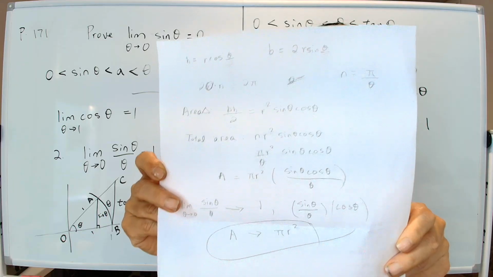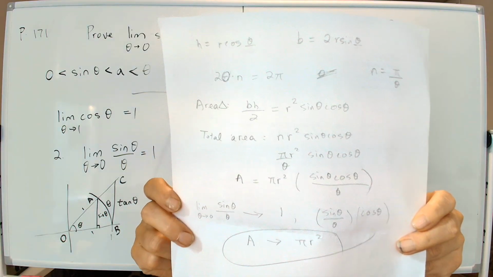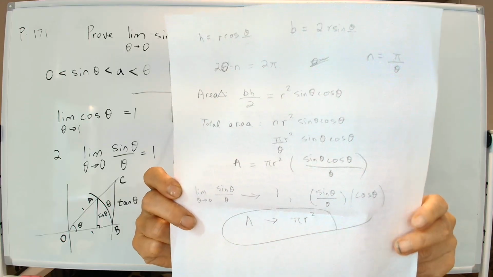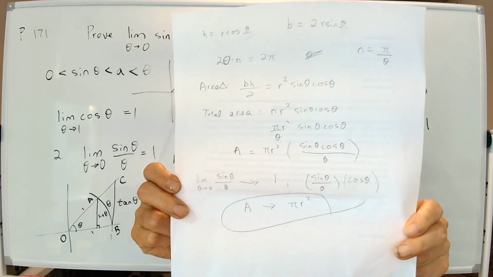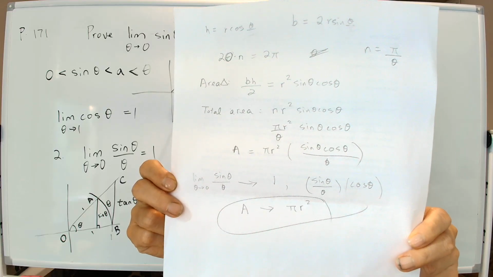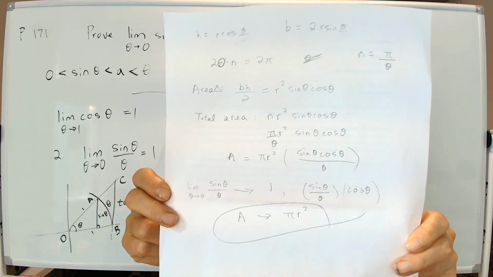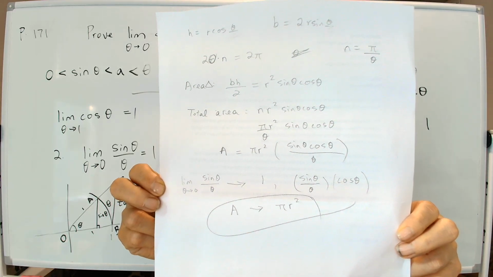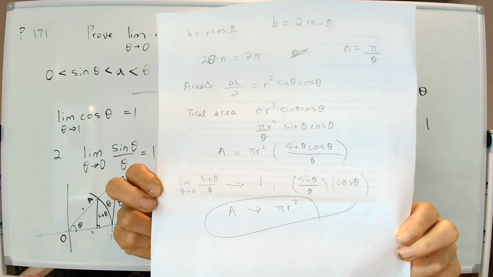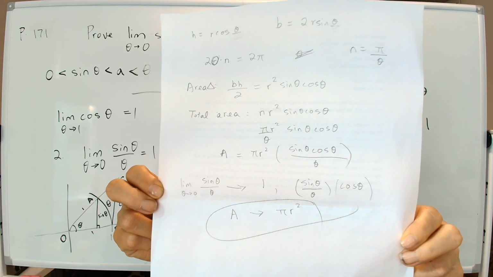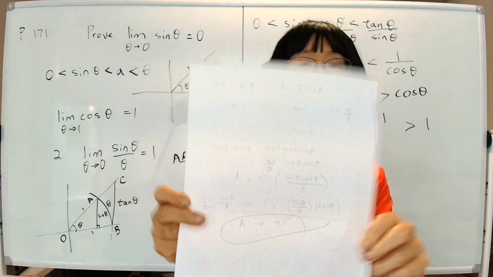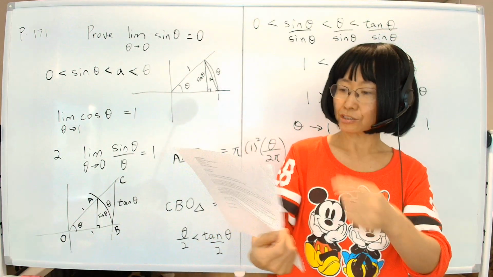Then what I did is calculate the area of each triangle, base times height over 2, and I came up with some formula. When you're all said and done, the area is equal to pi r squared times a bunch of theta stuff. And since sine theta over theta is 1 and cosine theta also goes to 1 as theta goes to 0, because your triangles are increasing in number, you derive the area equals pi r squared.